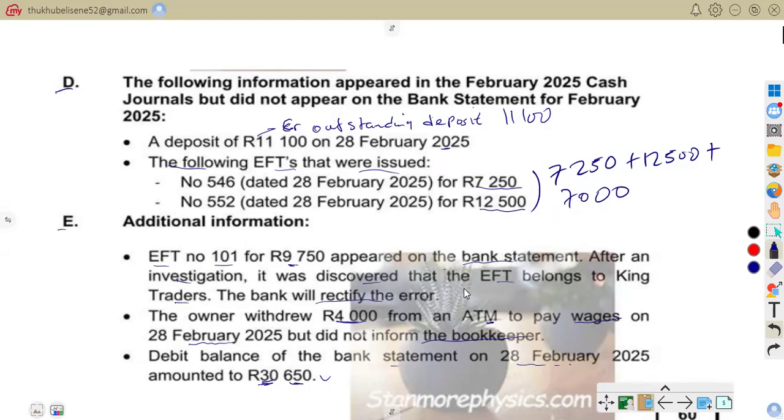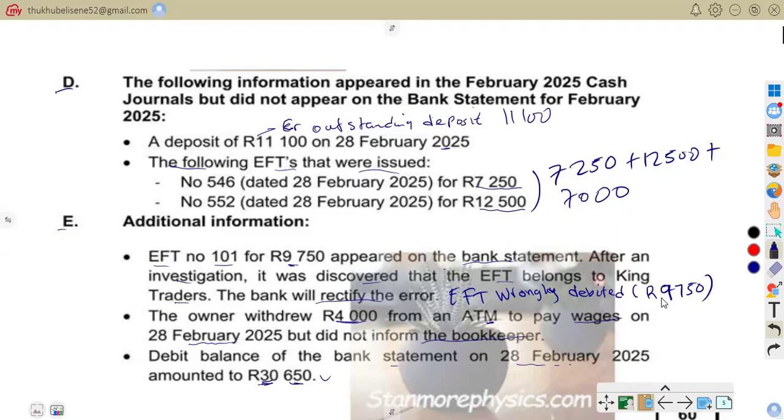So here we are talking about EFT wrongly debited, which is 9,750. This as well goes into our bank reconciliation. Now we are to credit because it was wrongly debited.